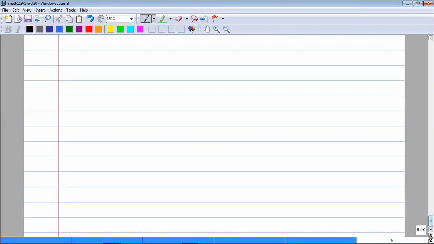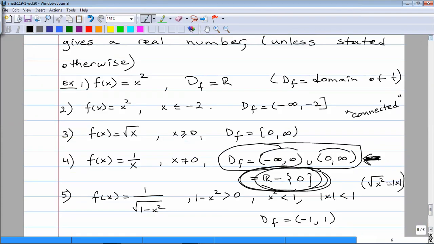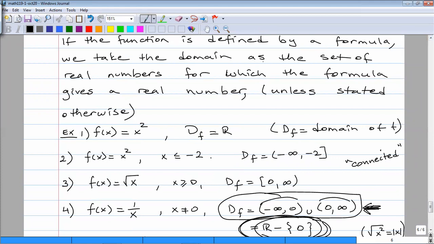Well, for 1 over x, yes, because if you take x equals 0, 1 over 0 is not defined. But for square root of x, if you're considering complex numbers, it has quite a different meaning. You can define the square root of a negative number in terms of complex numbers. So that's why I said in the definition that we take the domain as the set of real numbers for which the formula gives a real number.